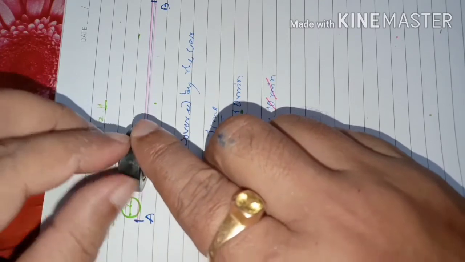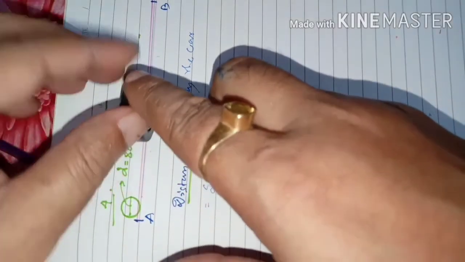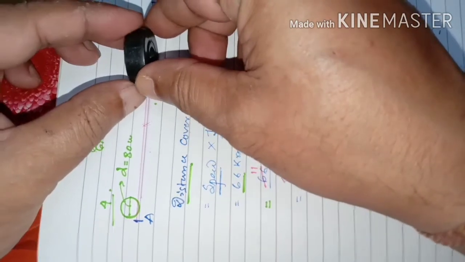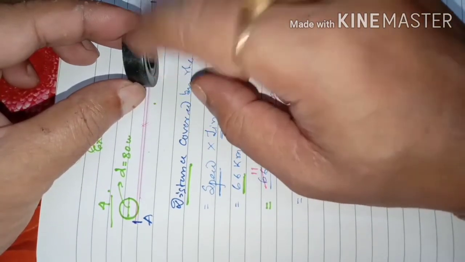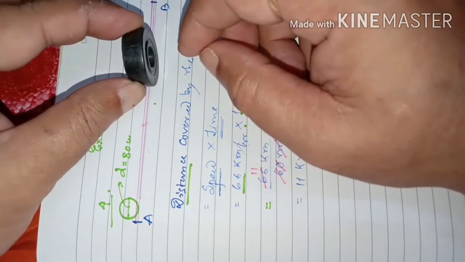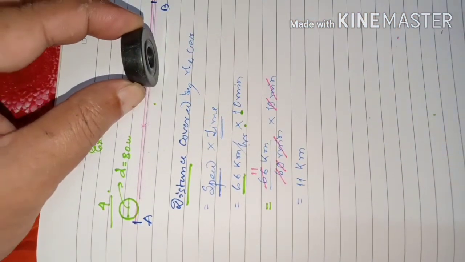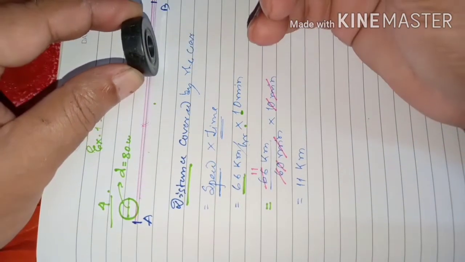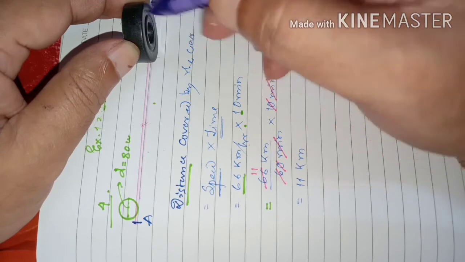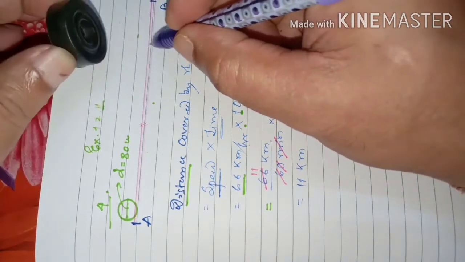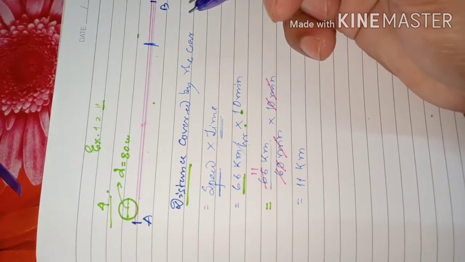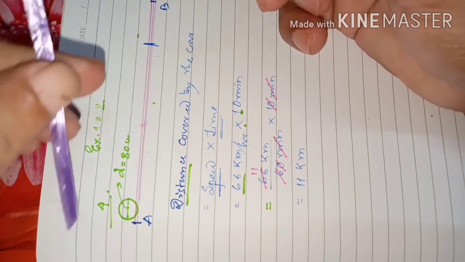Try to understand, dear students. It is going this way. Then the marking has appeared here. You can make this experiment at home also by yourself. So it has come to this position, the marking has come up again. So I will say one revolution is over. And in one revolution, how much distance has it covered?